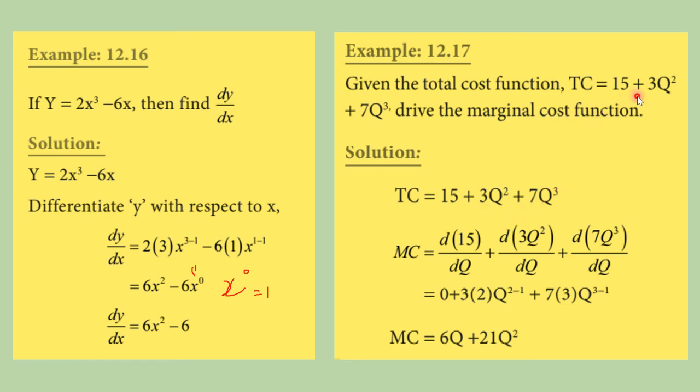So write the total cost function. For finding the marginal cost, you have to differentiate the total cost. If you differentiate the total cost, you will get the marginal cost.